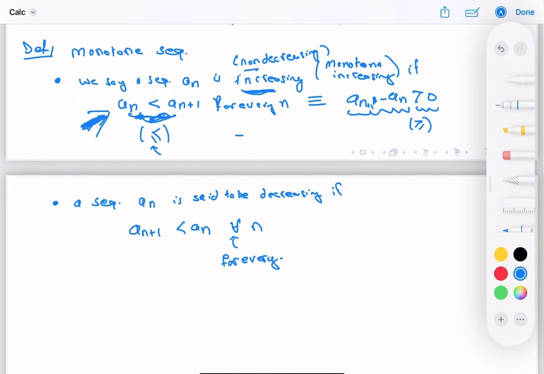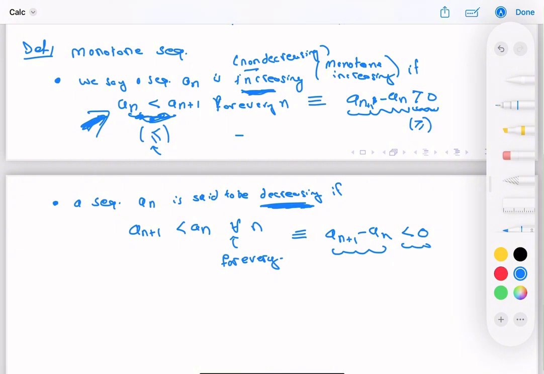So you flip the inequality and you call the sequence decreasing. So as you see, you can define this equivalently as you want the an plus 1 minus an to be negative. Often when I tell you to prove a sequence is decreasing or increasing, it might be easier to look at the difference and try to prove it negative and hence get a decreasing sequence, or prove it positive and get an increasing sequence.